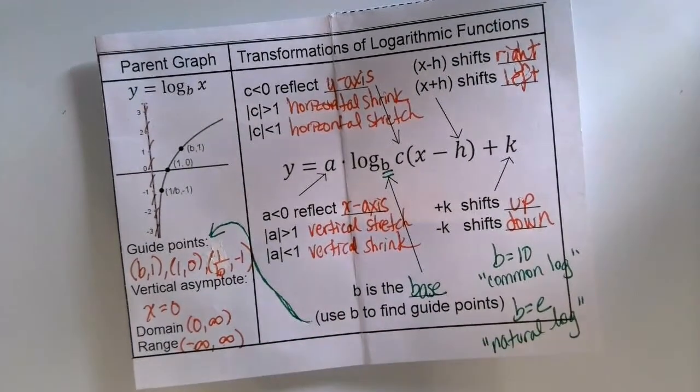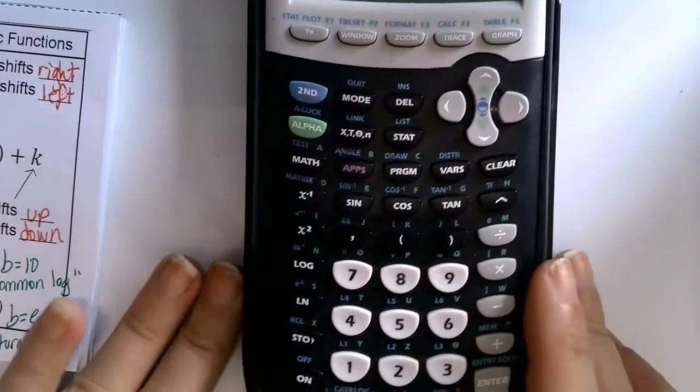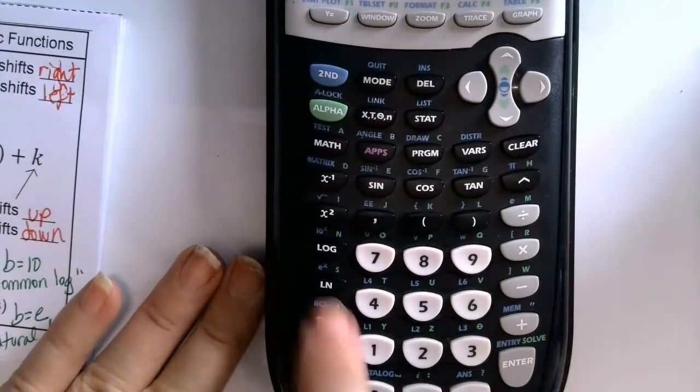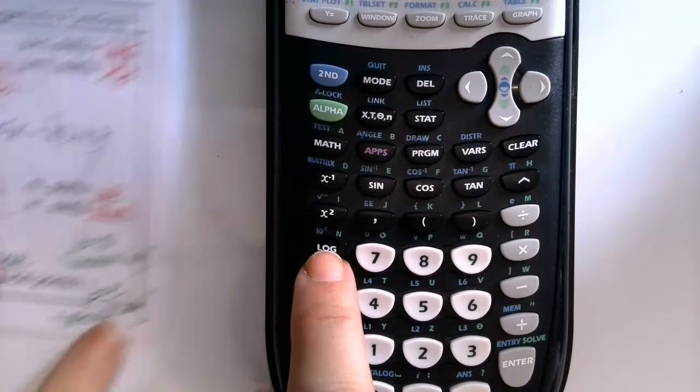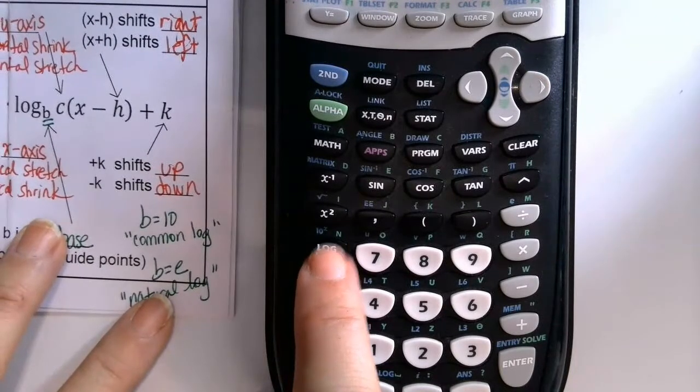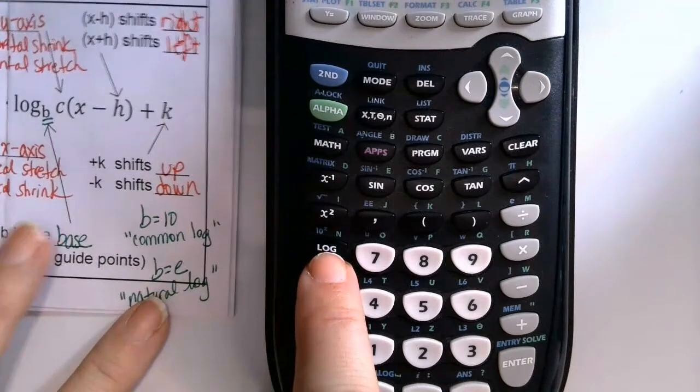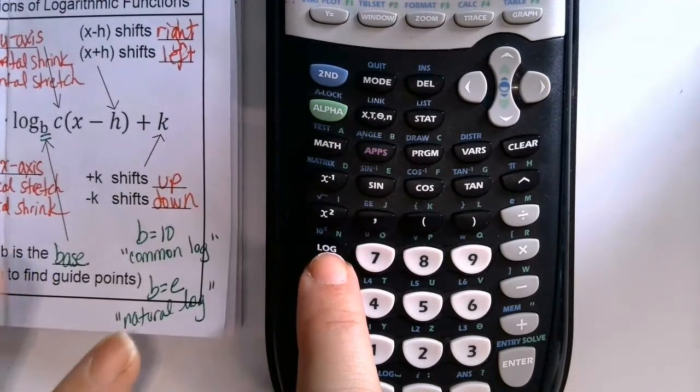When you look at your graphing calculator and you find that log button right here, the log button on your calculator is always a common log. It's base 10. So you cannot use that button to graph a log base 2 or a log base 4.